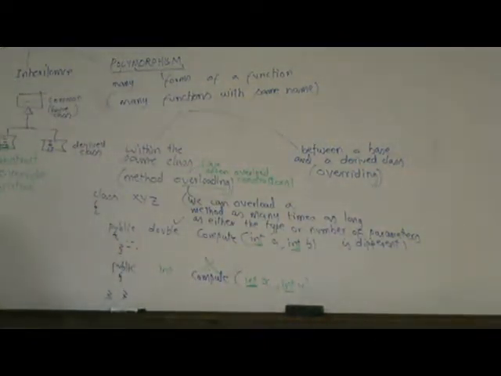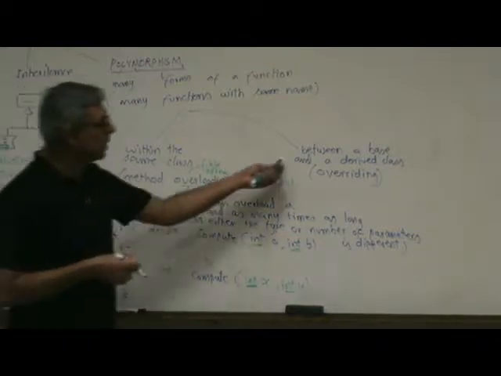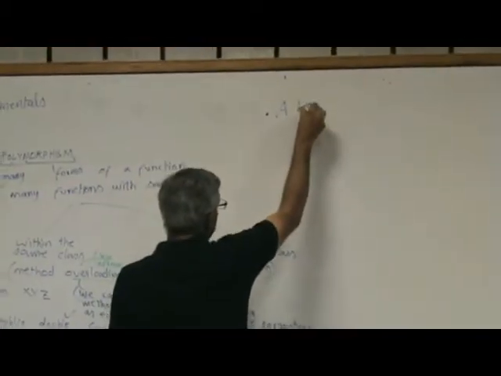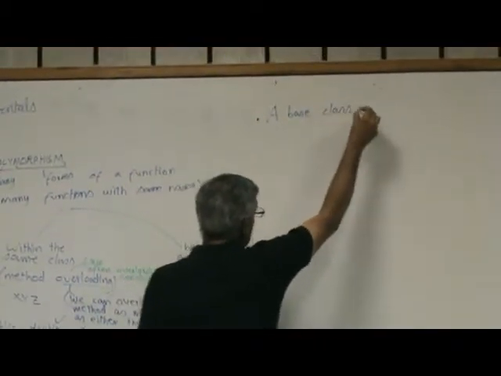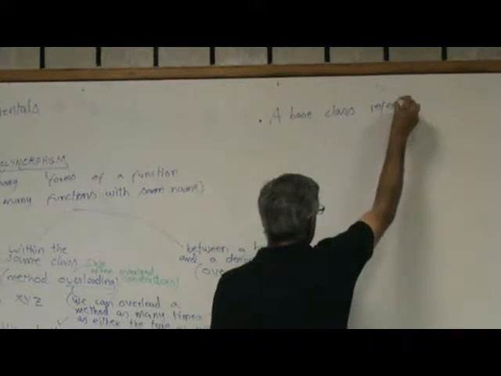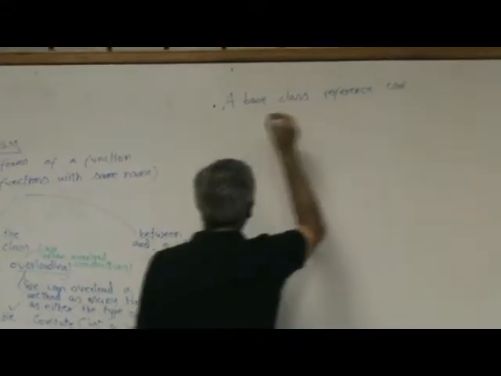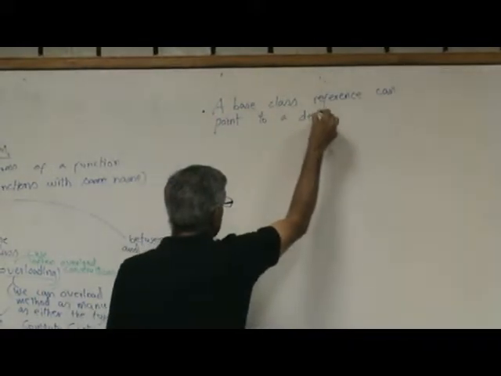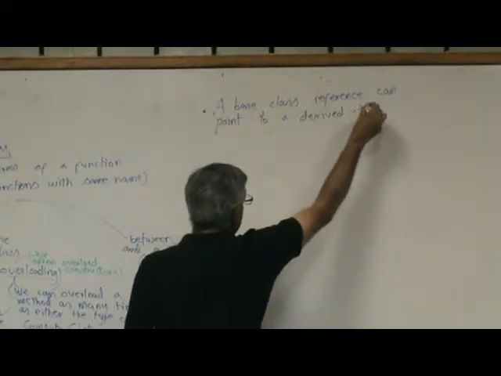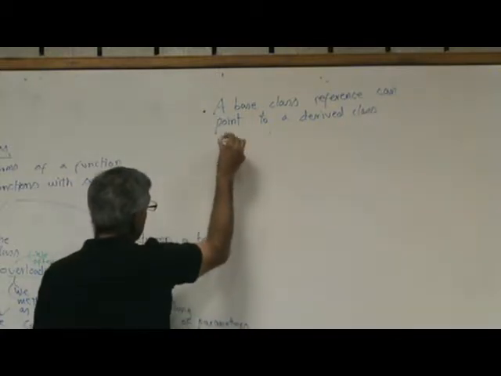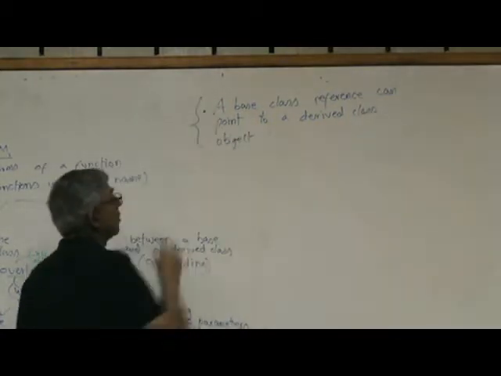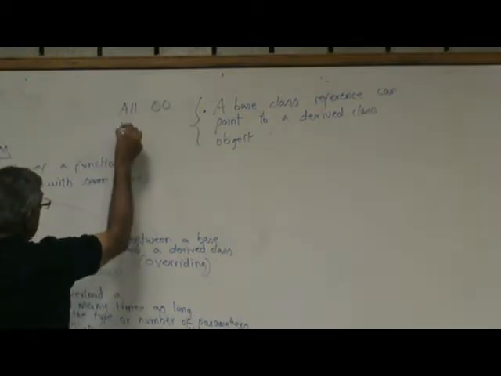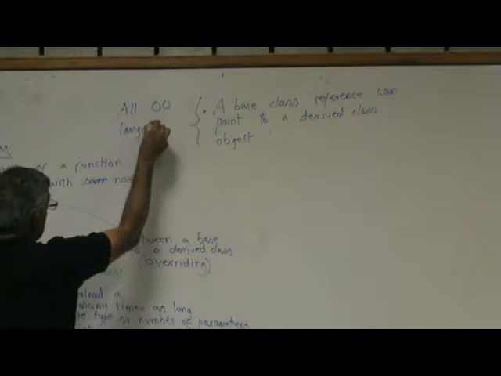Okay, so now the key concept to remember over here was number 1, a base class reference can point to a derived class object. This is true not just in C#, but in all object-oriented programming languages. So all OO languages allow this concept.